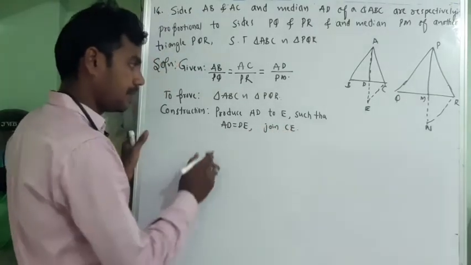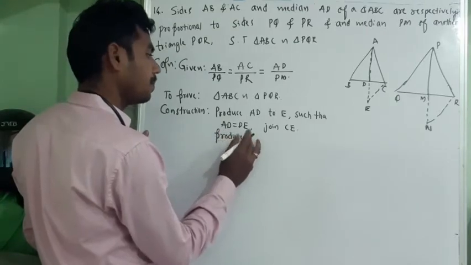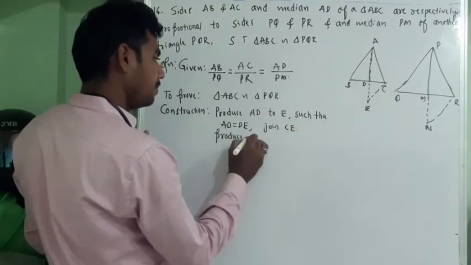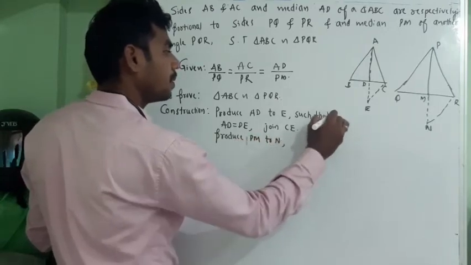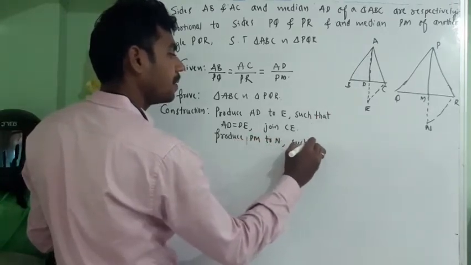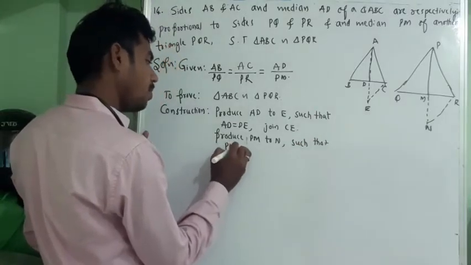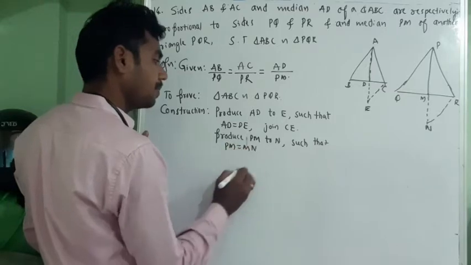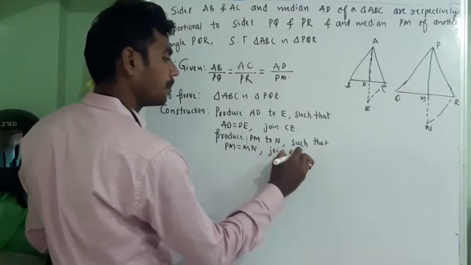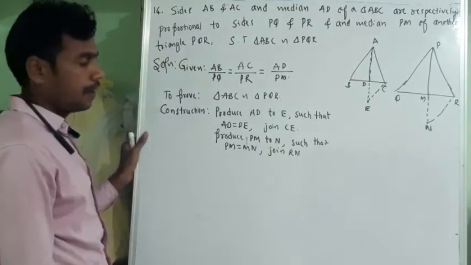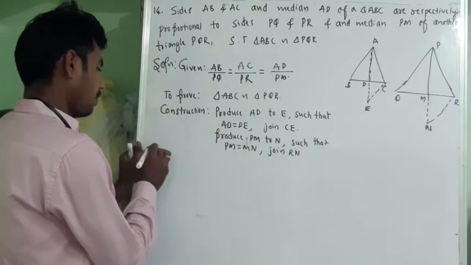Okay, next, produce PM to N such that PM is equal to MN, join RN. Okay, now the proof.